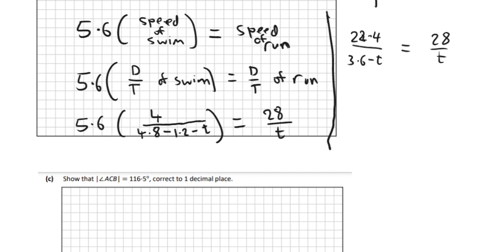And when you get to here, then you can cross multiply. So 22.4t has to be equal to 100.8, take away the 28t.